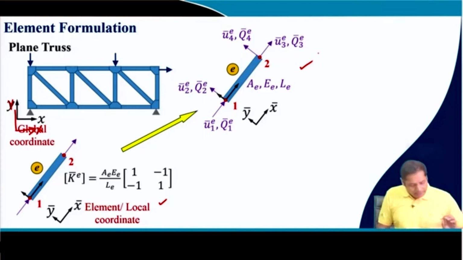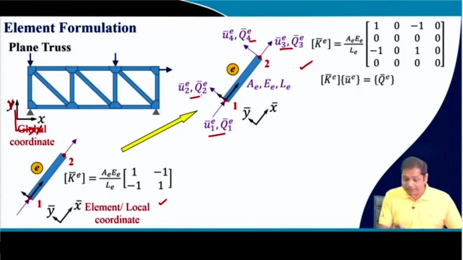You see, in a bar problem, yes, deformation is axial. Now we have, in addition to this axial deformation, these U1 and U2, 2 degrees of freedom, we had also taken these 2 degrees of freedom, and Q1, Q2, Q3, Q4 are the forces corresponding to those degrees of freedom. Now if we take these as our element, as the building block, then the stiffness matrix can be written in this form.